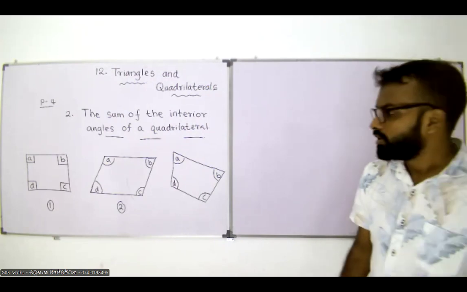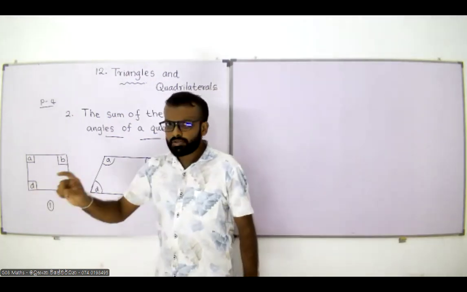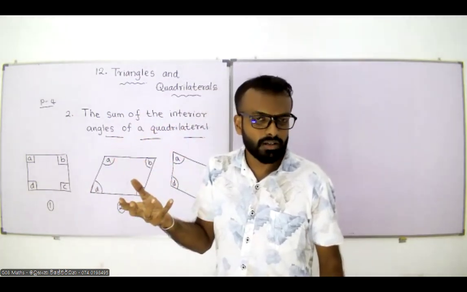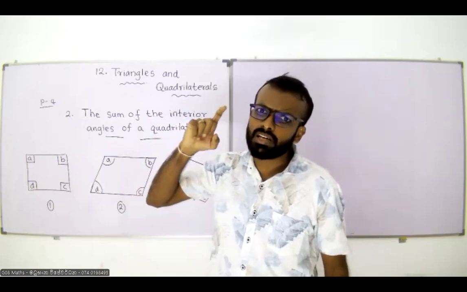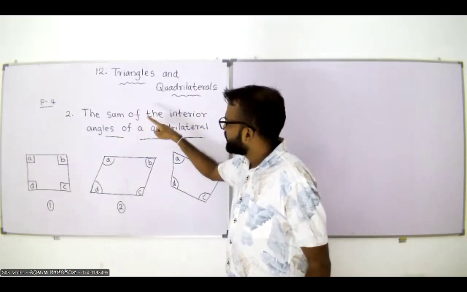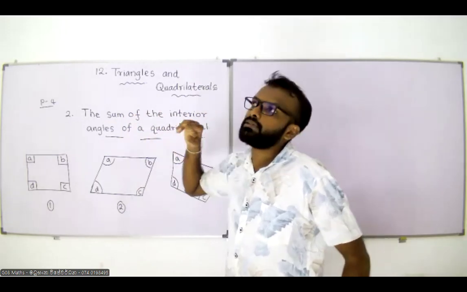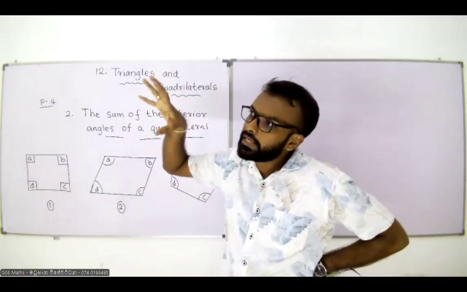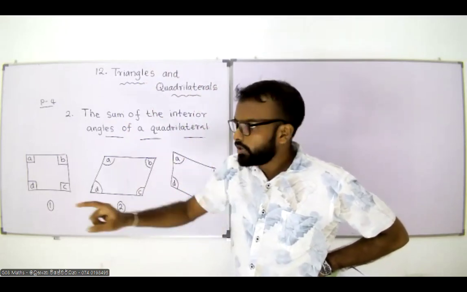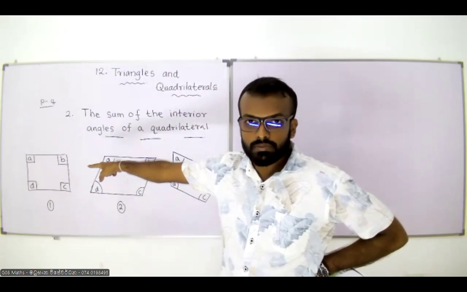So we have a hint. What is the theorem that we are going to learn? The sum of the interior angles of a quadrilateral. Now in a rectangle it is 360.